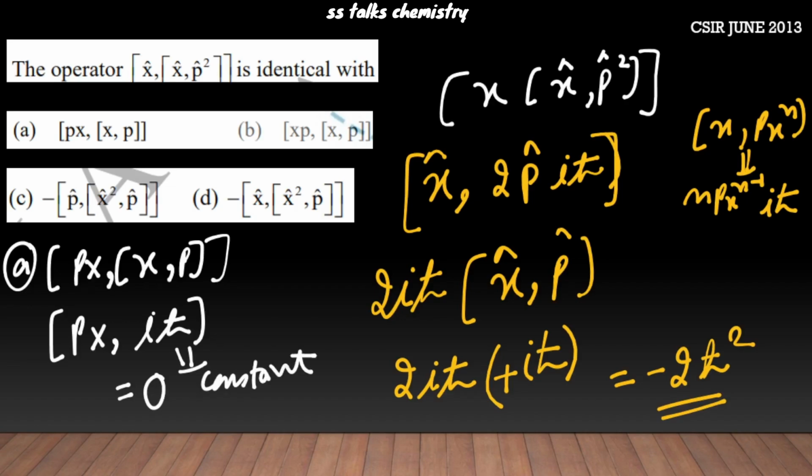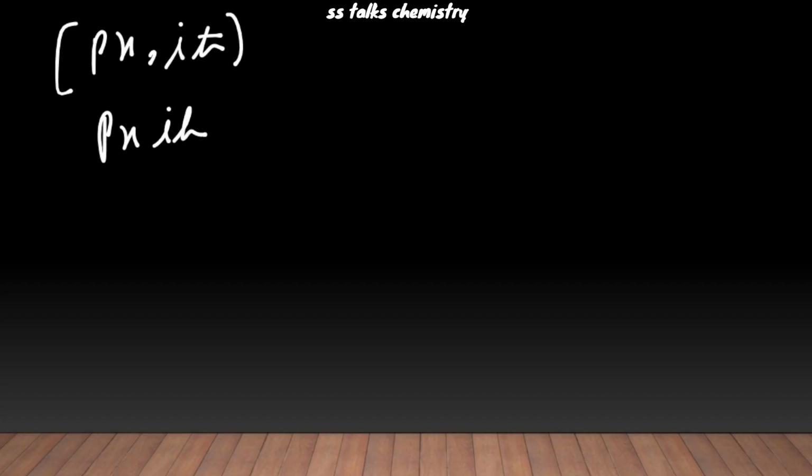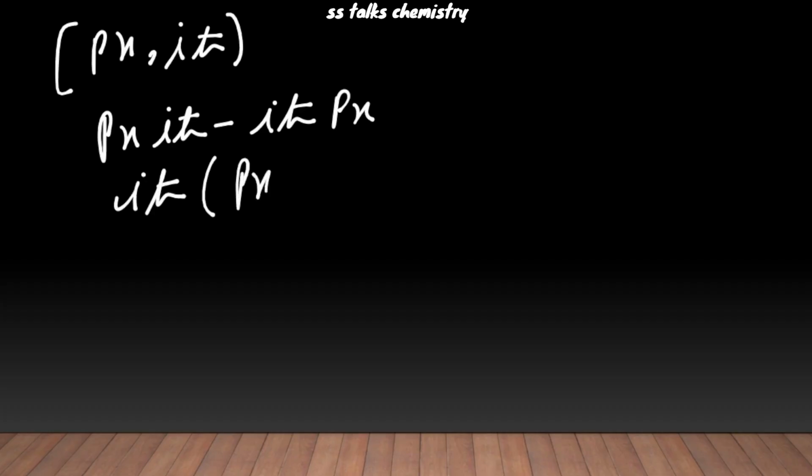Commutator with a constant is 0 only. The reason being, we get px and iota h cut, so it can be written as px into iota h cut minus iota h cut into px. You will be getting px minus px only, so that is going to come out to be 0.